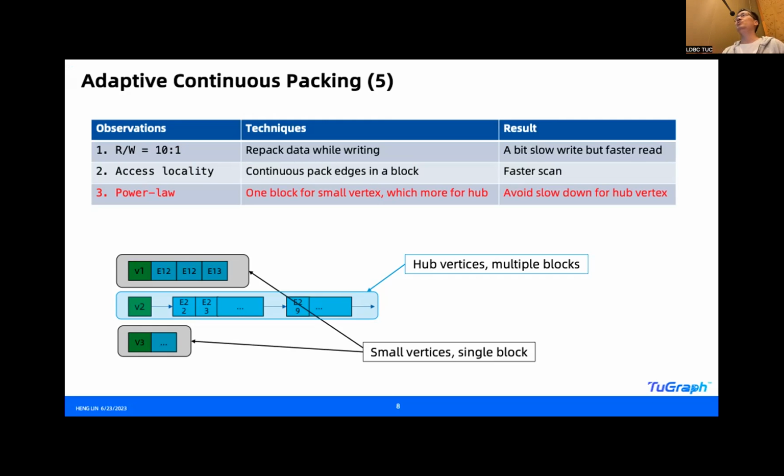So when we do the repack, we only have to access one small piece of value. We do not need to repack all the edges of a hub vertex. Maybe there is some slowdown for a hub vertex, but it's okay because the pack size is about the page size of the system, constantly about 4 KB.